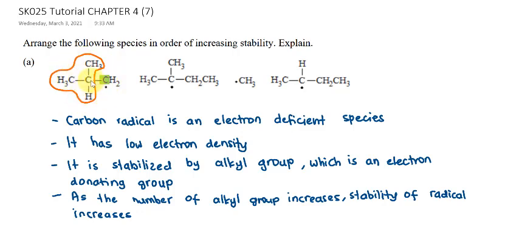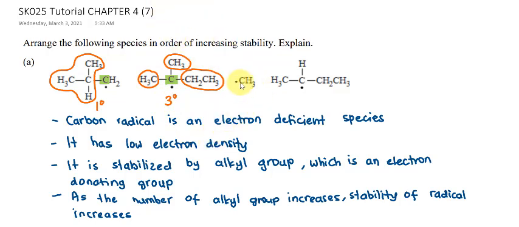Since there's only one carbon attached to this carbon, this is a primary carbon radical. For the second structure, this is our carbon radical, and we have 3 carbons attached to this carbon, so we have 3 alkyl groups attached to it. So this is our tertiary carbon radical.